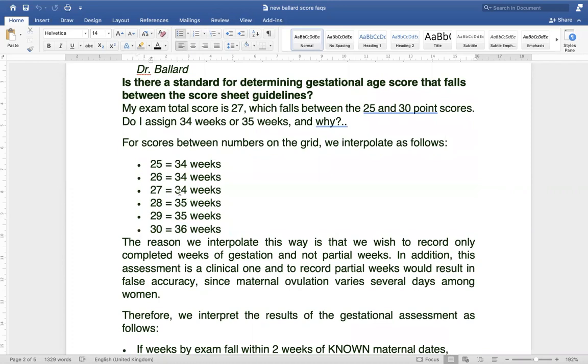In between, you get 35. Only scores 28 and 29 you give 35 weeks. Only when the score is completed do you get the next gestation. You don't give 36 just because 29 is nearer to 36.